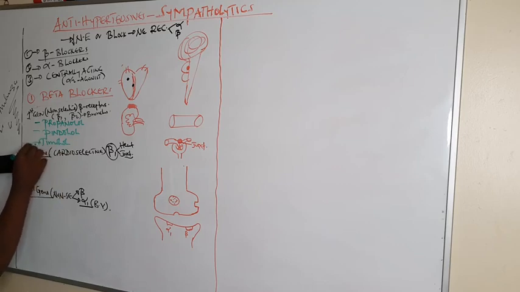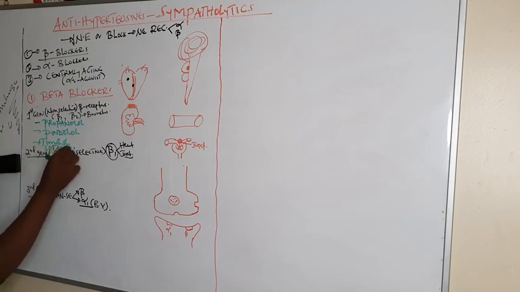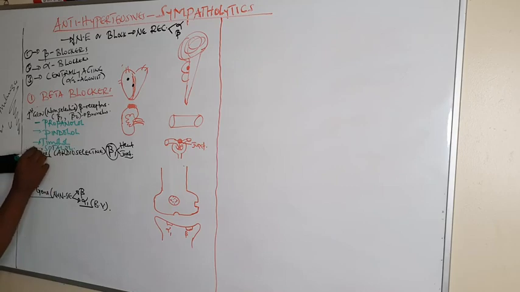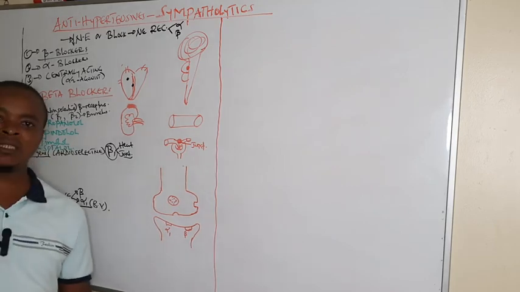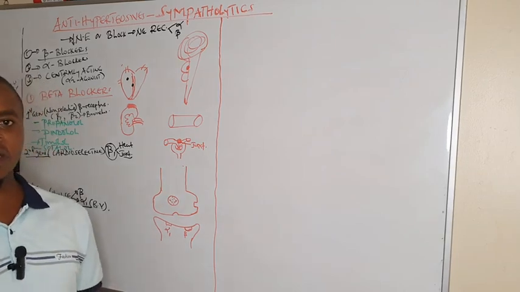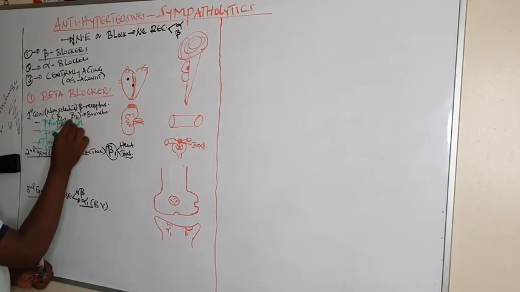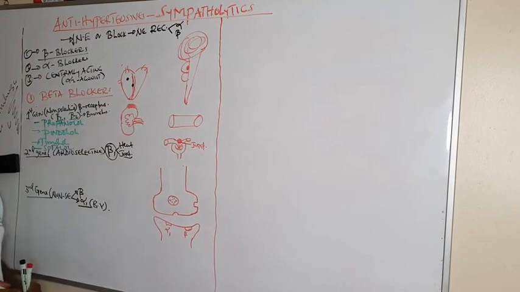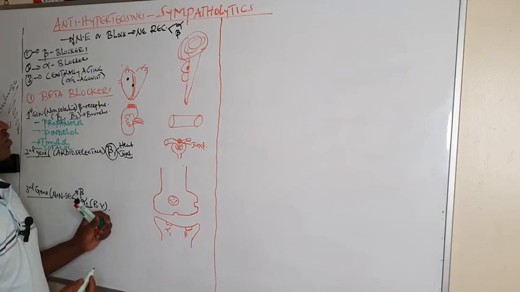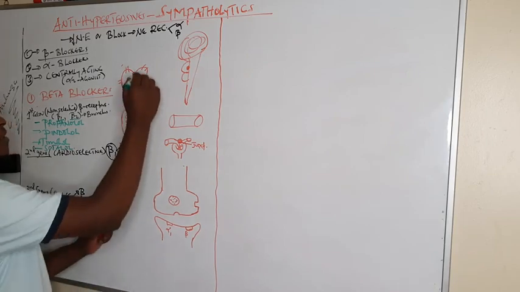Then sotalol. So all these four examples are first generation beta blockers, which are non-specific, targeting both beta 1 and beta 2 receptors.